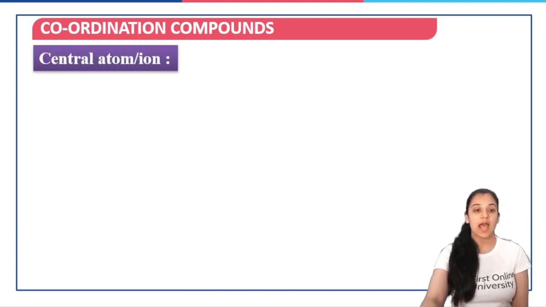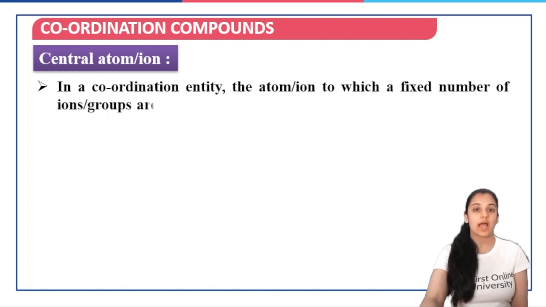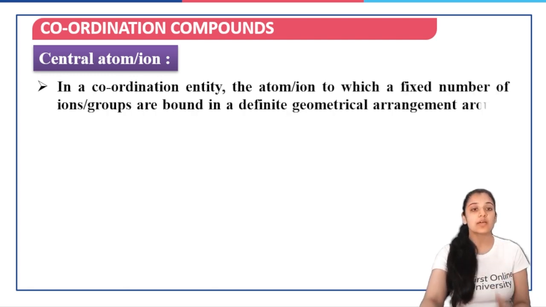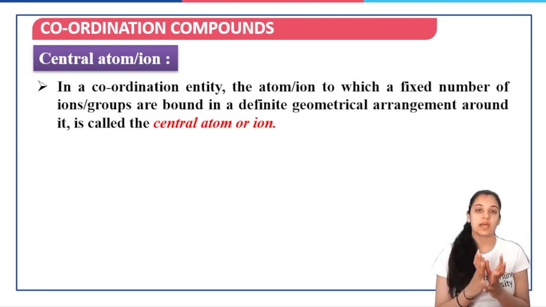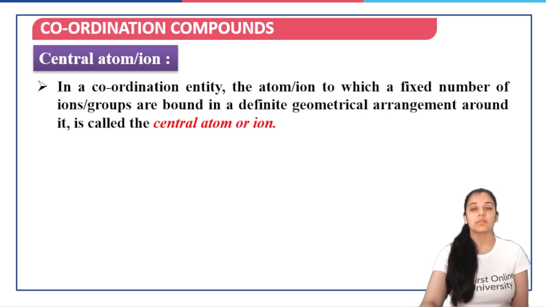Next is central atom or ion. So in a coordination entity, the atom or ion to which a fixed number of ligands are attached in a definite geometrical arrangement around it is called the central atom or ion.